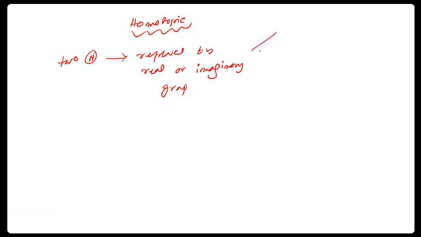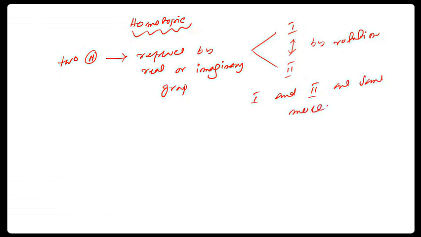If you do this, you will end up with two molecules. Let's say this is 1, this is 2. If 1 and 2 are interconvertible by rotation, then 1 and 2 are the same molecule. So basically, the homotopic molecule is the same molecule.